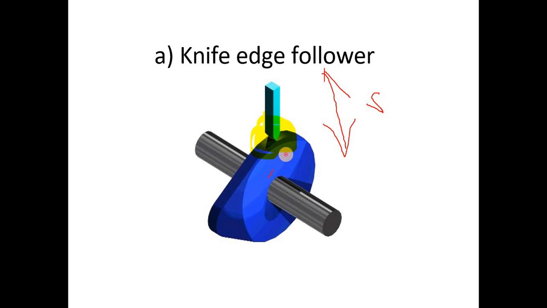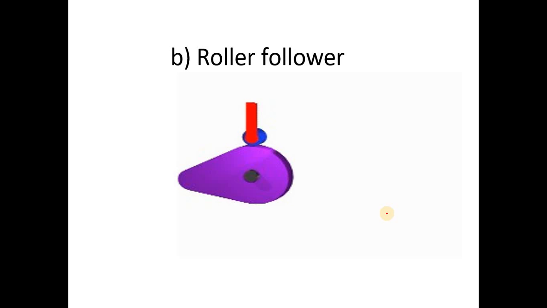If the cam speed is excessive, it will jump from one point to another, so it will not follow the exact path of the cam. This continuous jumping results in vibration of the knife edge follower.